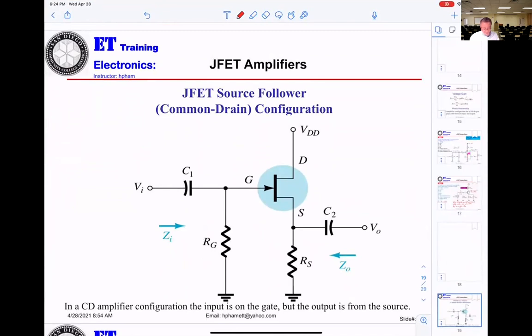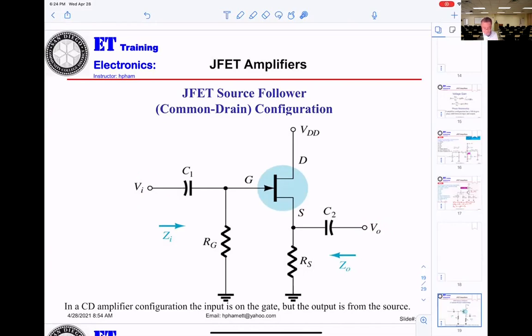And now, in general, I can tell you how we recognize common drain. The input is applied to the gate. However, the output will be from the source. So that's why they say source follower.